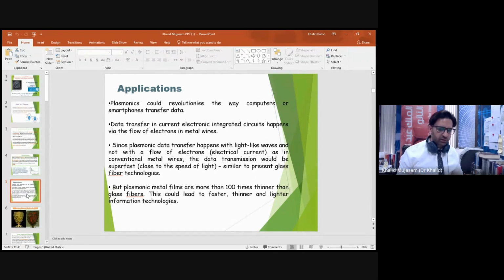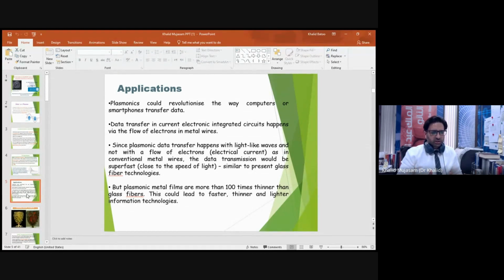much faster, as we may not imagine how fast it could be if we are introducing these plasmonic metallic films or systems. Usually, the plasmonic metal films are more than 100 times thinner than the glass fibers. If we are talking about the fiber technology and the fiber systems, we have the network optics.